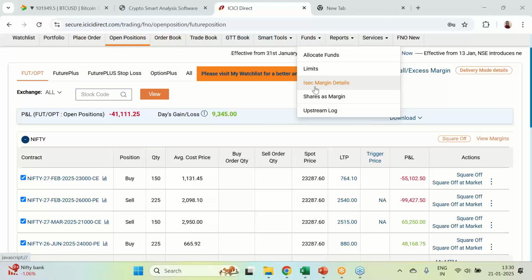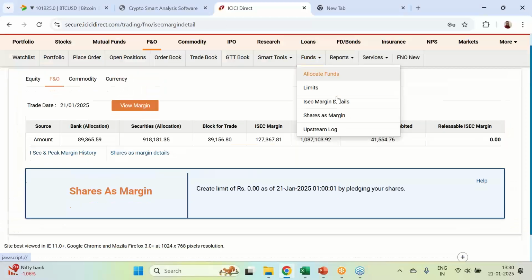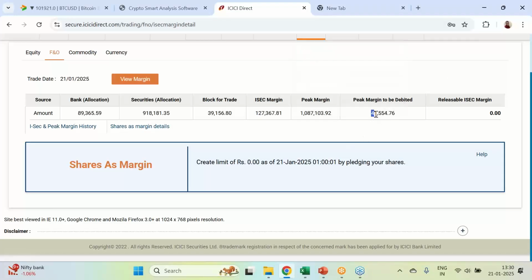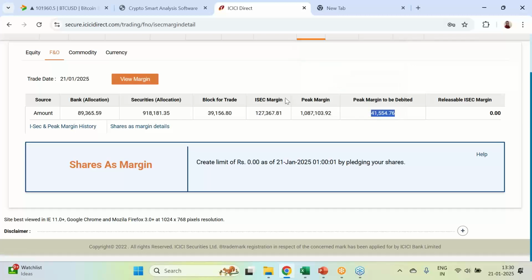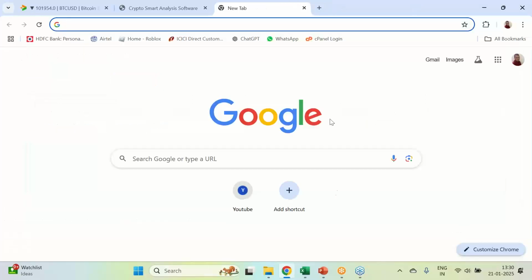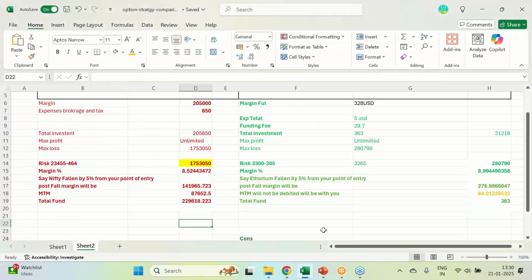I have just created a test case for that. So if I just go to this, it is telling me another 41,000 margin, peak margin, is to be debited. Why? I have not done any trade. It was the same 10 days before. Now also it is properly hedged. So everything is the same. Then why do you require 41,000? This is where our problem lies.